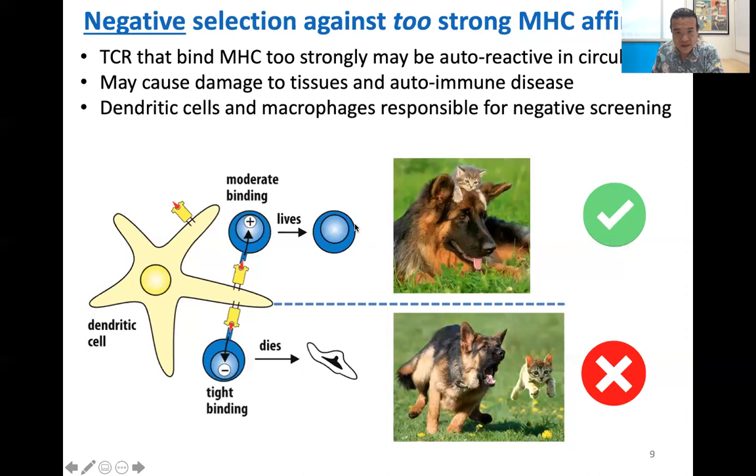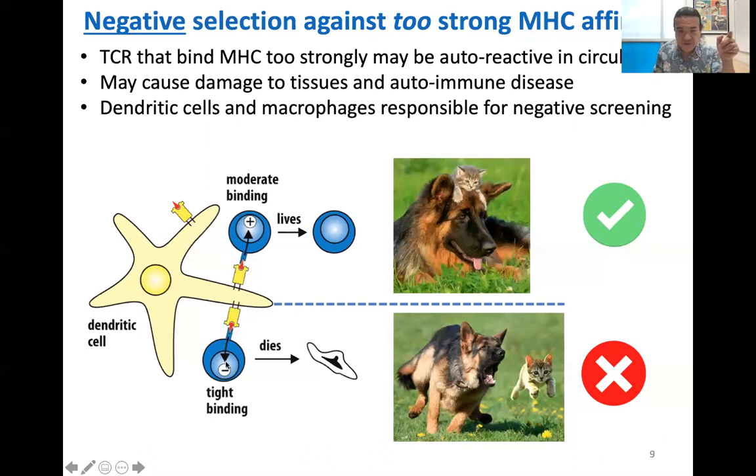And therefore, that cell is allowed to live and continue on, because the hope is that at some point in the future, if it does go to work, that gentle moderate binding with the MHC will be greatly enhanced if that MHC is showing a peptide that really tightens the fit of that TCR with it, because that TCR happens to have the right shape to also recognize that peptide.